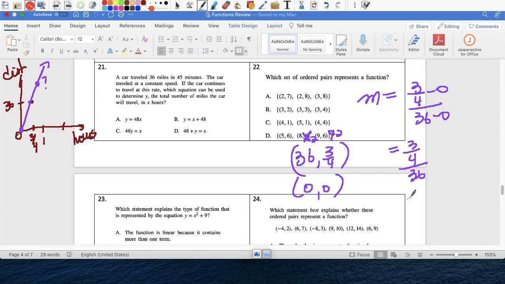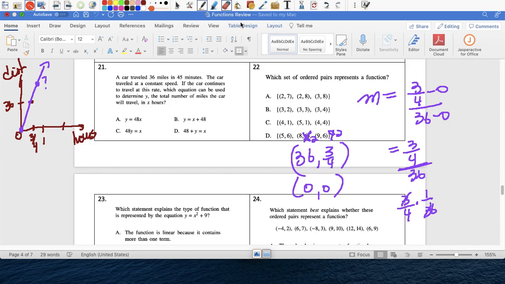Which is the same thing as multiplying. It's a, what do you call, what's the name? A complex fraction, right? 3/4 over 36 is the same thing as 3/4 times 1 over 36. Did I write this the wrong way?